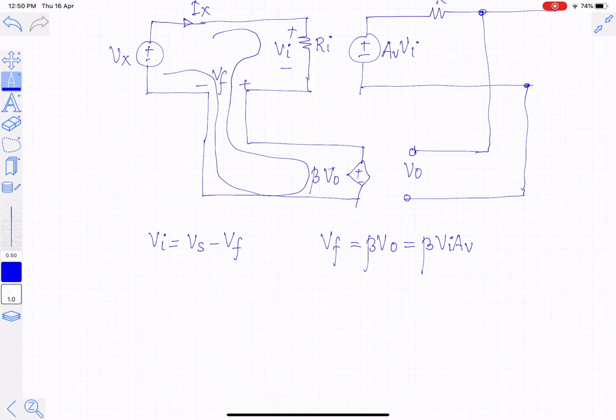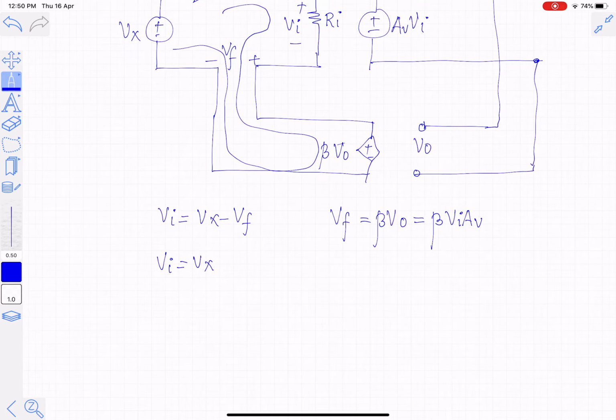Right, so Vi can be written as, from this, Vi is equal to Vs or Vx. This Vs is replaced by Vx here, so I will write Vx minus Vi beta into Av.